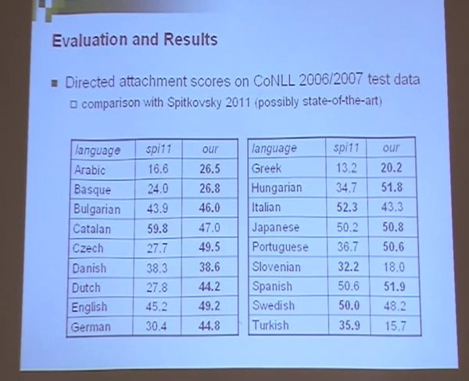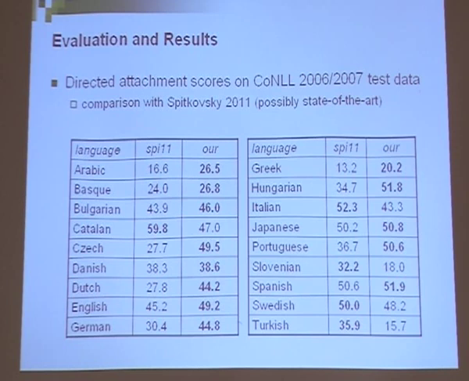So this is the end of the description of the algorithm, and these are results. I used the CoNLL tree banks from 2006 and 2007 test data, and I computed directed attachment scores on them.